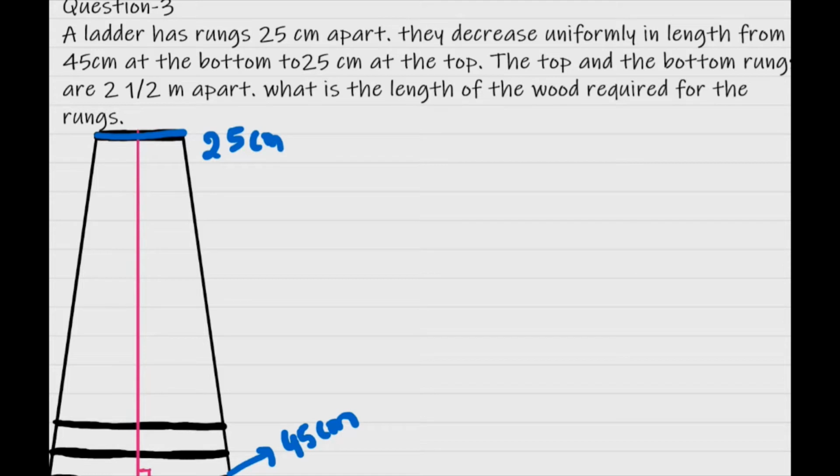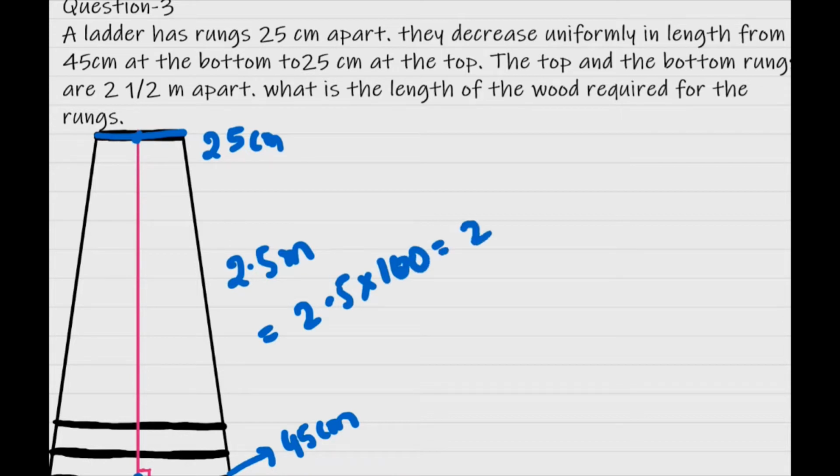Now the top and the bottom rungs are 2.5 meter apart. That means the perpendicular distance from the first rung to the last rung is how much? 2.5 meters. That means 2.5 into 100, that is equal to 250 centimeters.